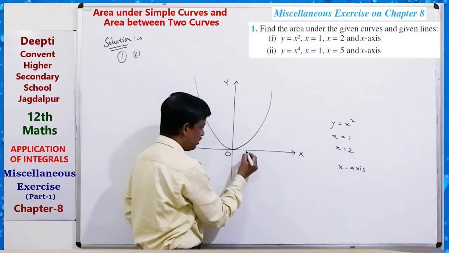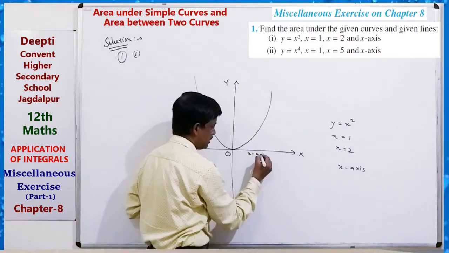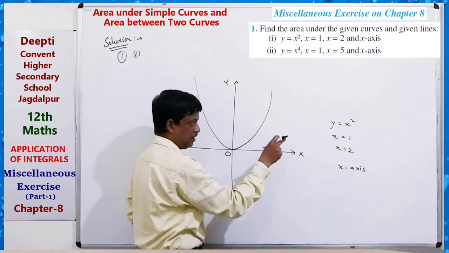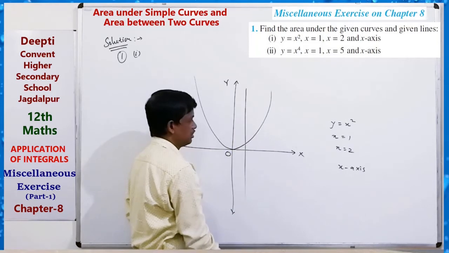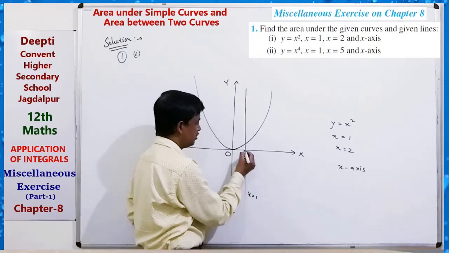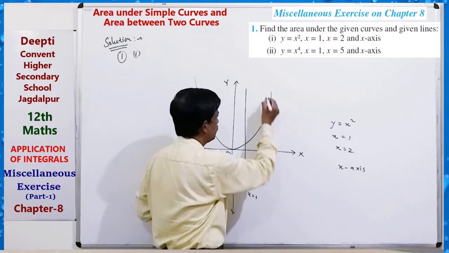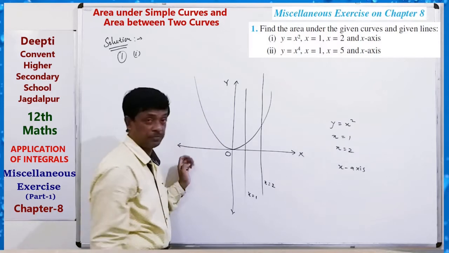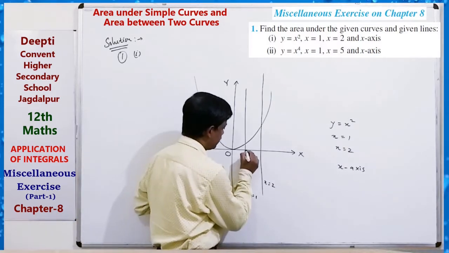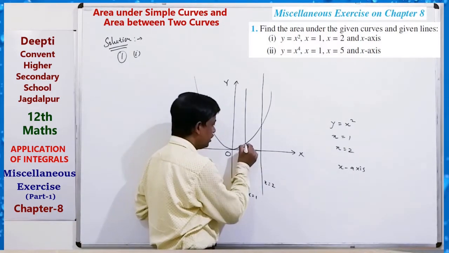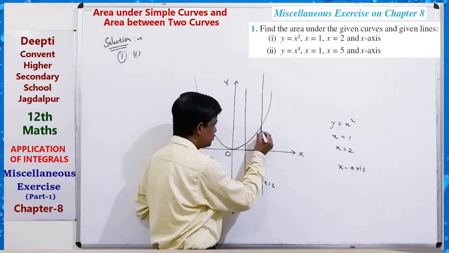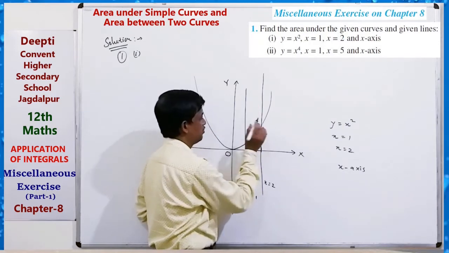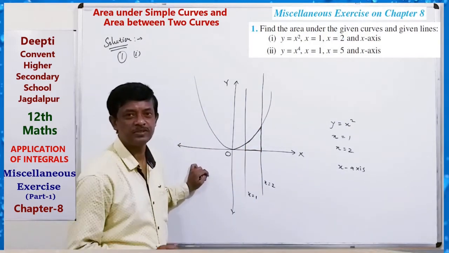Suppose this is x equals 1 and this is x equals 2. So this is the x axis, this is x equals 1, this is x equals 2, and this is the parabolic part. So our bounded part is this part.